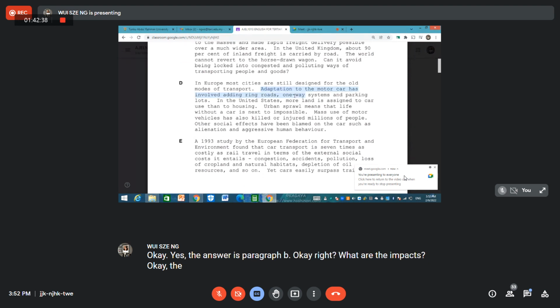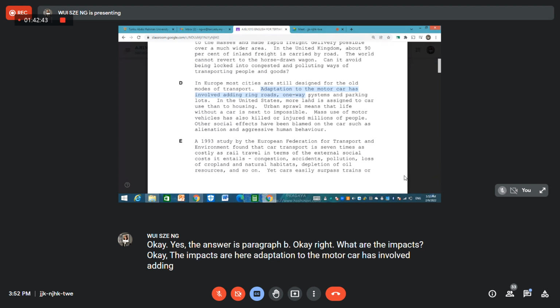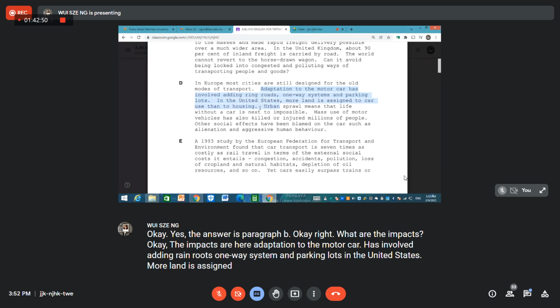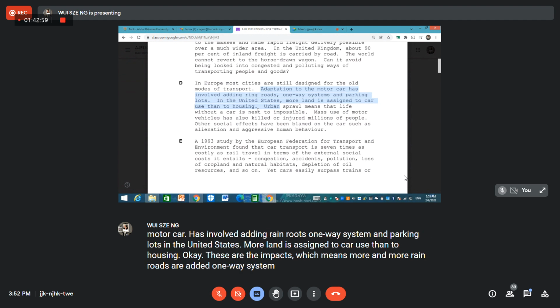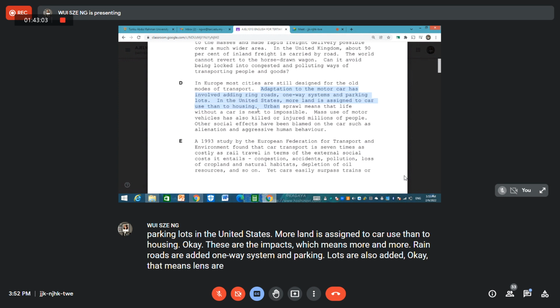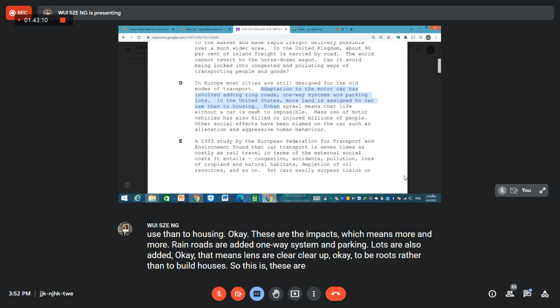The impacts are here: adaptation to the motor car has involved adding ring roads, one-way systems, and parking lots. In the United States, more land is assigned to car use than to housing. That means more and more ring roads, one-way systems and parking lots are added, and land is cleared to build roads rather than houses. So these are the impacts.